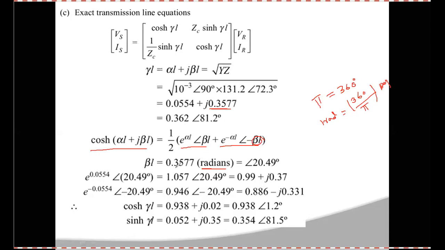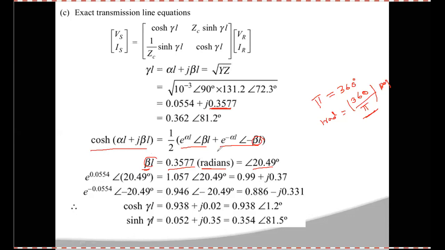Then you will get the angle as 20.49 degrees. So βL is 20.49 degrees.